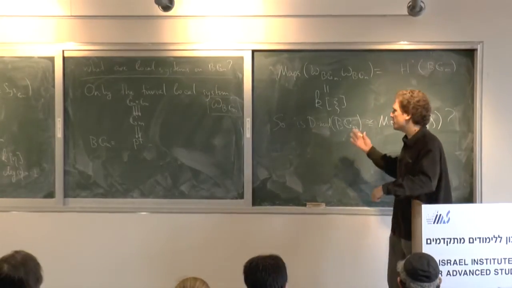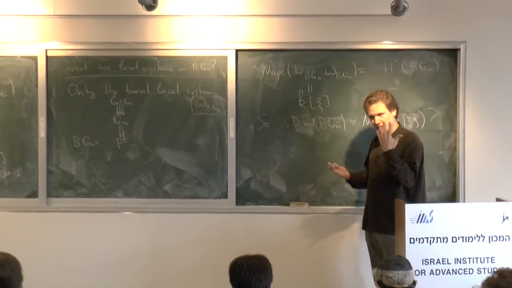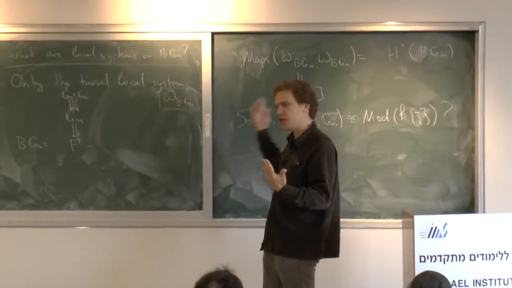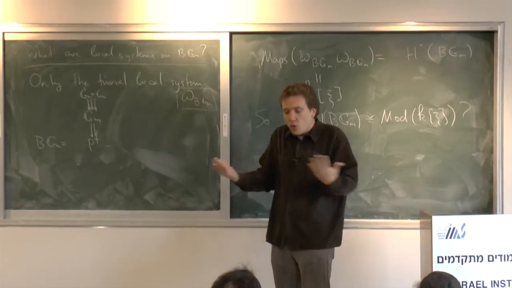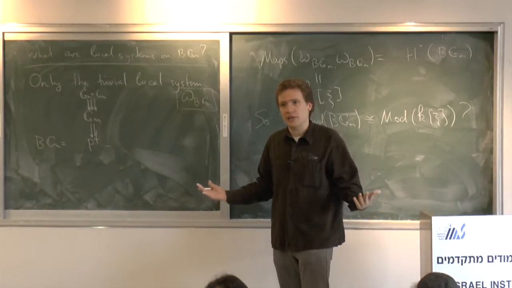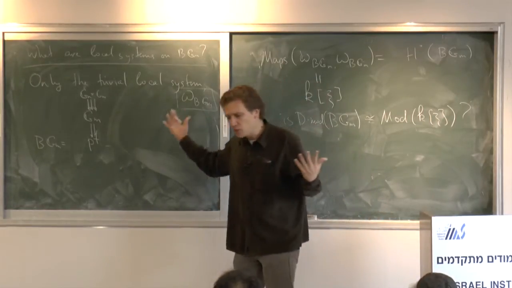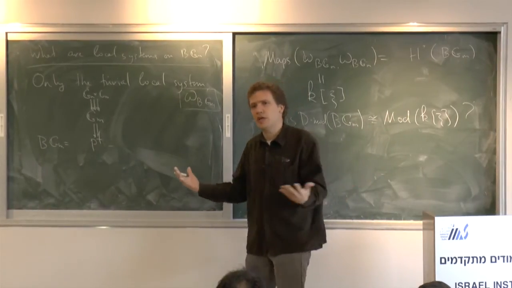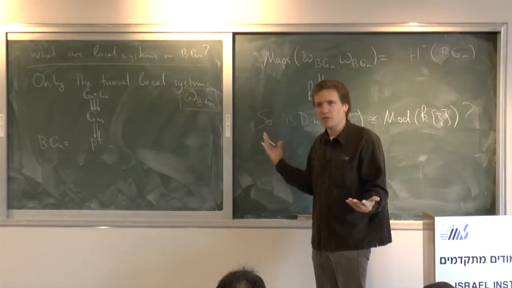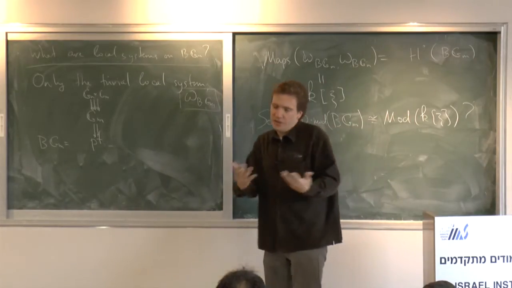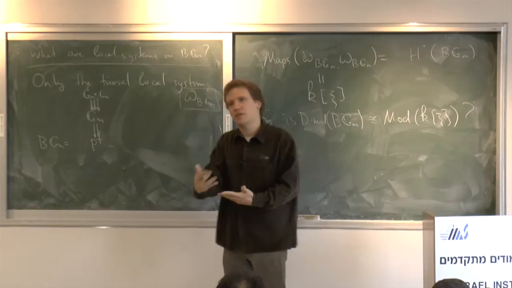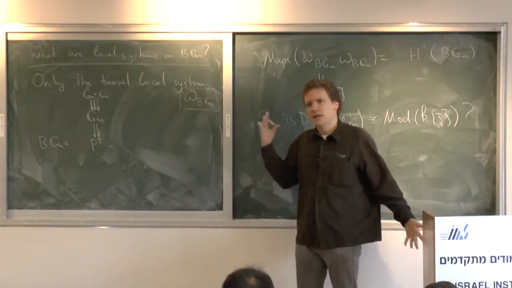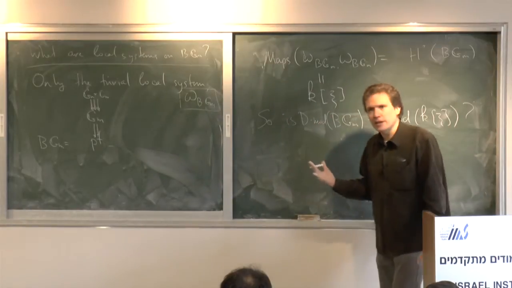We expect this because if you have a generating object, and you know its endomorphisms in the derived sense, then you should know the entire category. If you want to construct some object from this one, you can construct it as a cone, and you know how to take cones because you know what endomorphisms are. Then you can consider maps from something into this and take its cone. This all is supposed to be describable very explicitly.